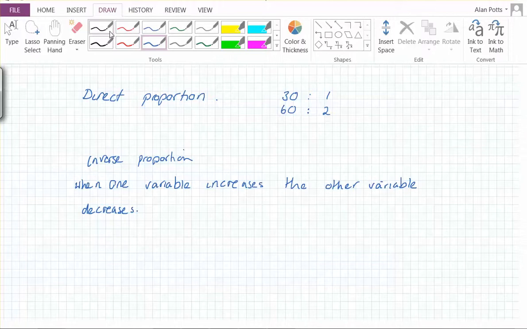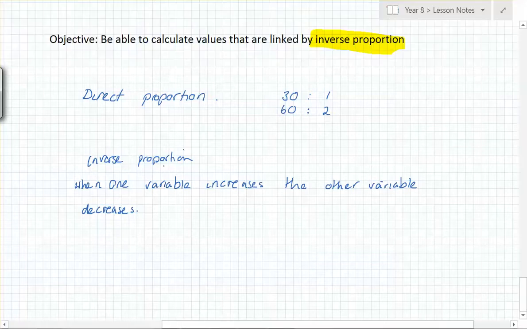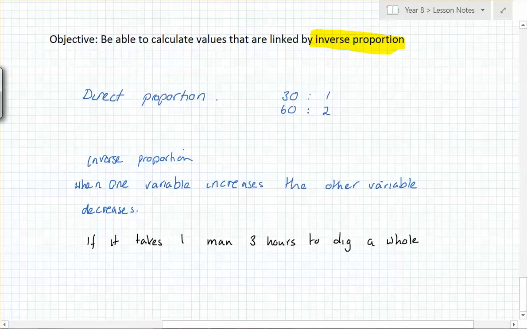So in the situation we just talked about, if it takes 1 man 3 hours to dig a hole. Is that the right way to spell it? H-O-L-E. Yeah. I'm just testing you. Yes, I knew that.